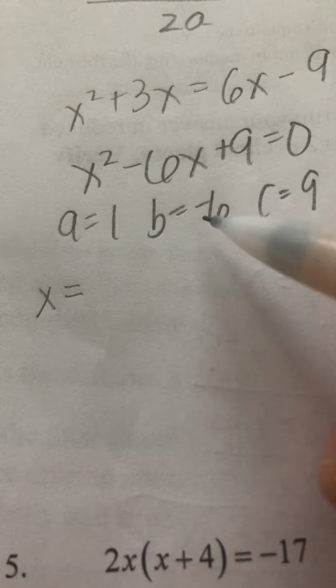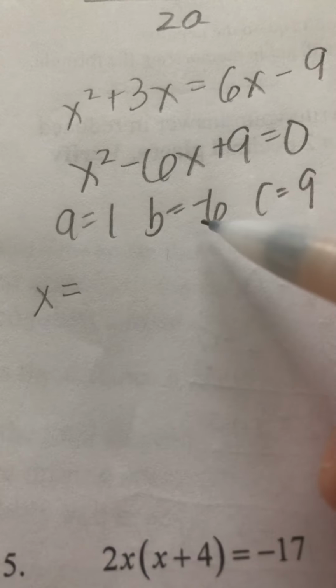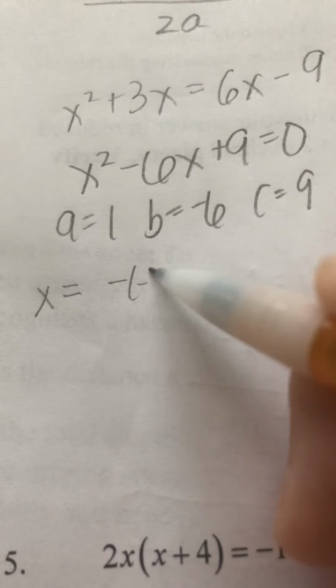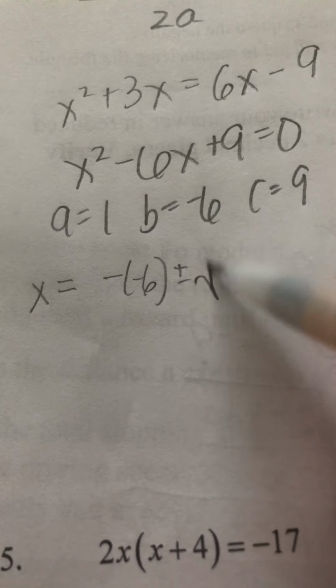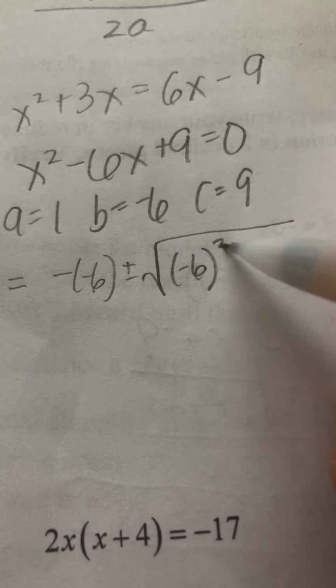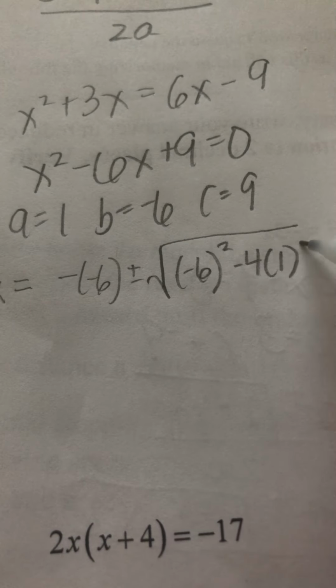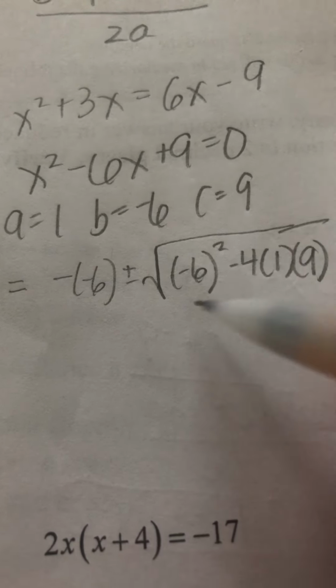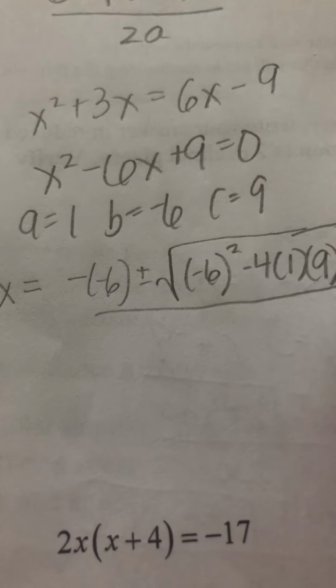So x equals -b, or the opposite of b, will be 6, plus or minus the square root of... oh, I see why this one is on here. All over 2a.